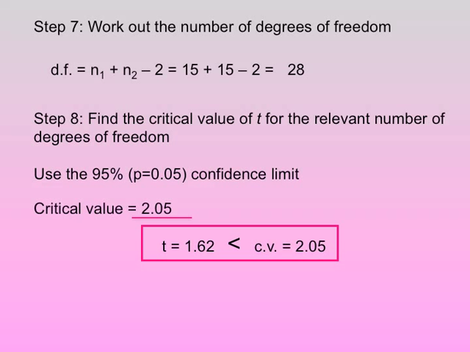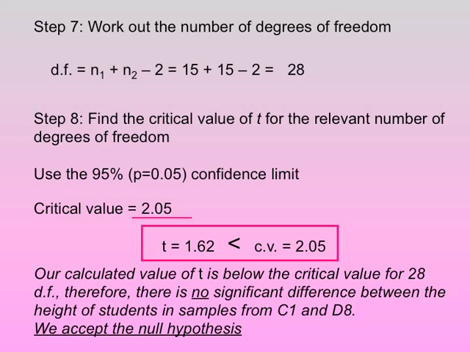Now our critical value is 2.05 and our calculated t value is 1.62. So we can see that the value of t is smaller than the critical value. 1.62 is less than 2.05. When the value of t is below the critical value, we accept the null hypothesis.